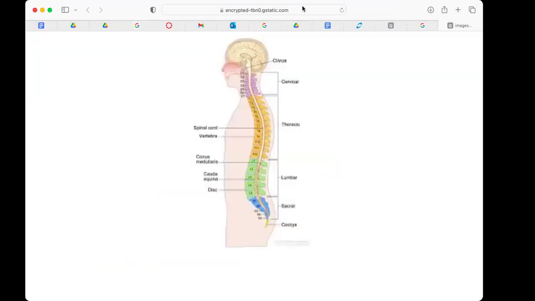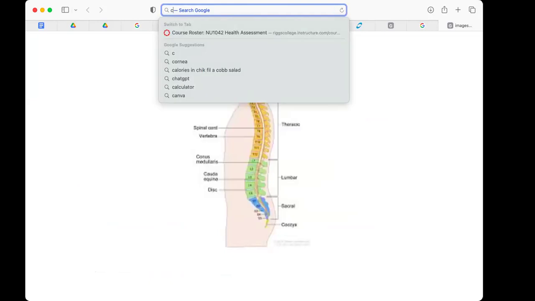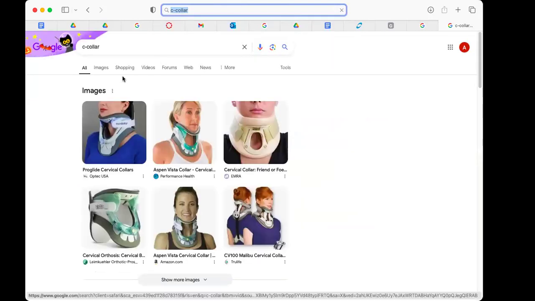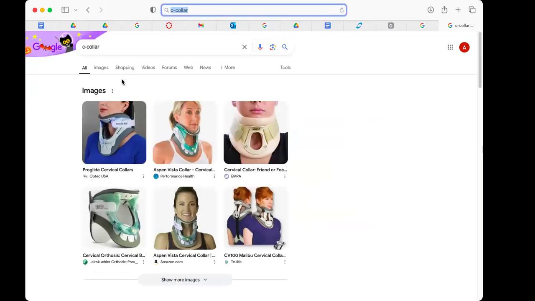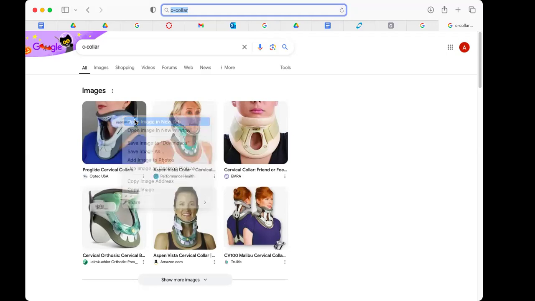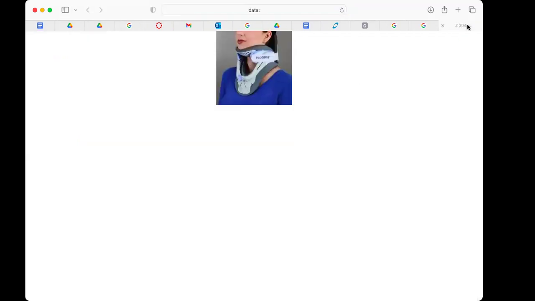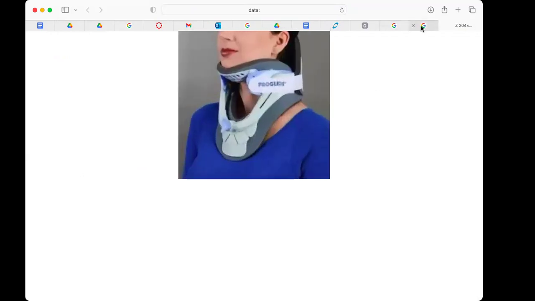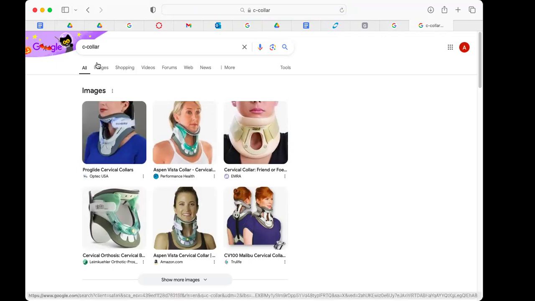Has anybody ever heard of a C collar? Some kind of traction, to see that the neck is not moving sideways. Beautiful. Perfect. We've all seen these before, right? Yes, I have.